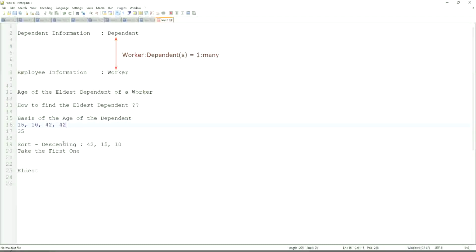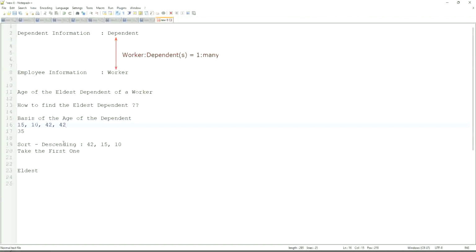But then we have to find out, is there any other way of matching or maybe of having a tiebreak? If there's a tie, then how to break the tie? Then we have to think of some other logic, of course. Is it based on the name or maybe the relationship?